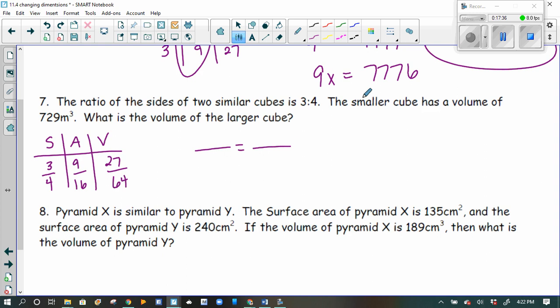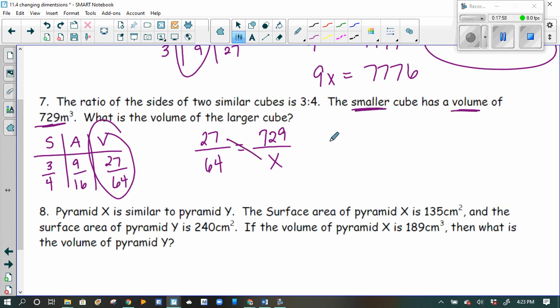All right, the smaller cube has a volume, so that means I'm going to be using this column. So that means 27/64. So the smaller volume is 729. Since 27 is smaller, then I'm going to put 729 here because I'm looking for the larger volume. So it's got to pair up with the larger side.